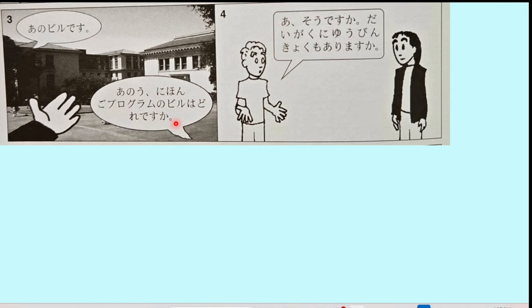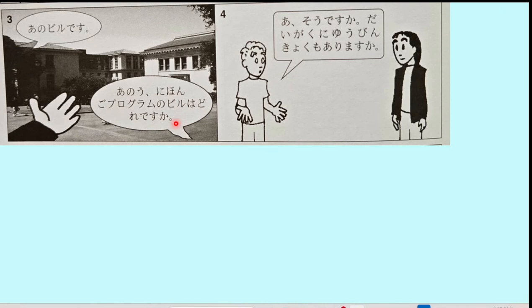What is the difference between doko and dore? Doko means where, dore means which one. So he is asking which one is the Nihongo program building, because she said that the library is next to the Nihongo program building.